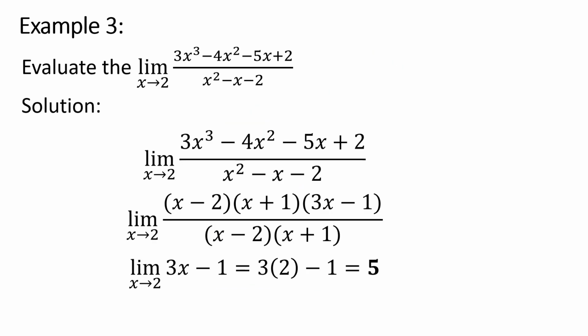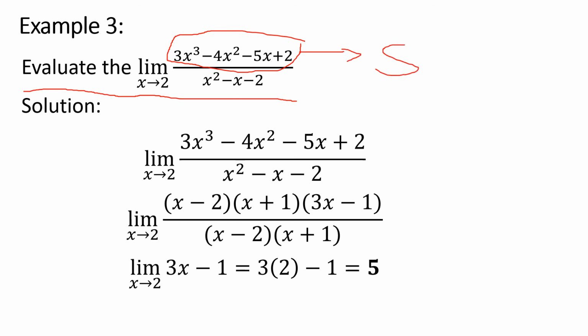For example number 3, we're asked to evaluate the limit of 3x cubed minus 4x squared minus 5x plus 2 over x squared minus x minus 2 when x approaches 2. Now, in this case, we can simplify this one by using synthetic division. Synthetic division is what we use when we simplify a cubic equation.